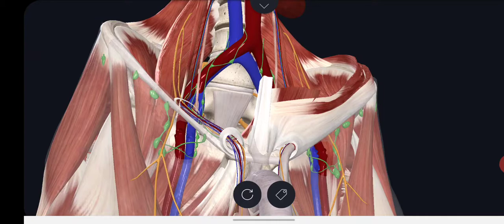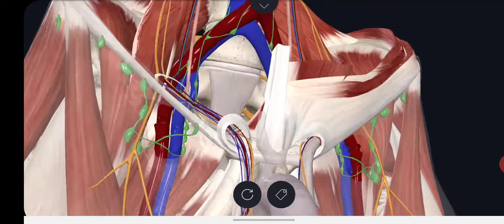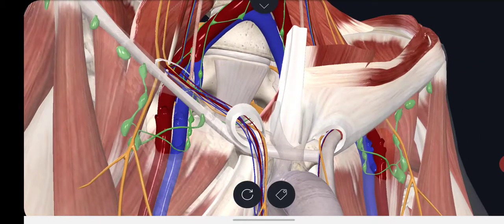Now coming to the contents of the femoral triangle. It is a femoral triangle, so the vessels and the nerve in the femoral triangle all have the same name. You can see the structures in the femoral triangle from medial to lateral. Femoral vein, that is the medial structure.